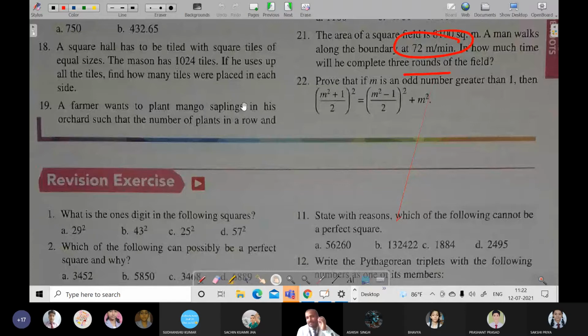The number of rows and the number of tiles in each row will be equal. Getting it? Yes, sir. So that's why you have to find a square root. Since it is a square hall, the number of tiles in a row and the number of rows will be equal. So the number of tiles placed on each side is equal to root under 1024, and that you have to find.